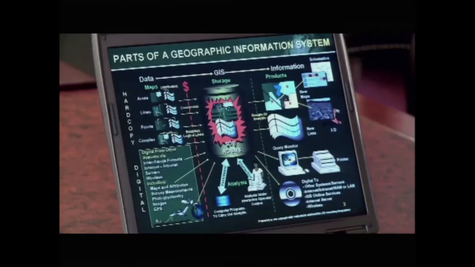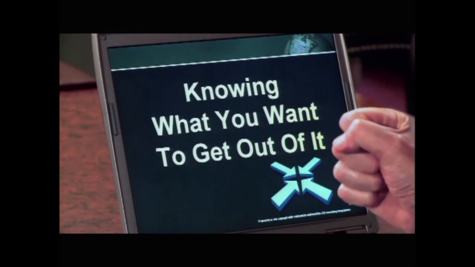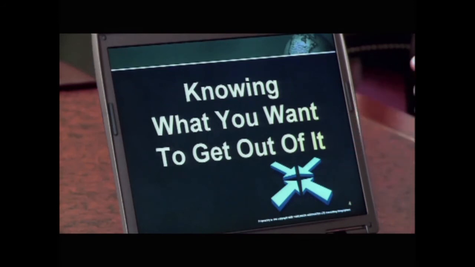In fact, if there's one thing that I want you to take away from today, it's that phrase: when you're planning a system, it all depends on knowing what you want to get out of it.